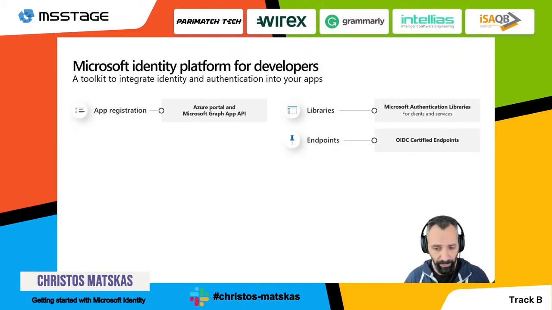So whether you're building a mobile app, a desktop app, or an automation task, then the library will work for you. But you can also bring your own library. If you already have an OpenID Connect library, then you don't have to use our libraries. You can use your existing solution. And that means that as long as you have the OpenID Connect certified endpoints configured in your solution that point to Azure Active Directory or B2C, you're good to go.